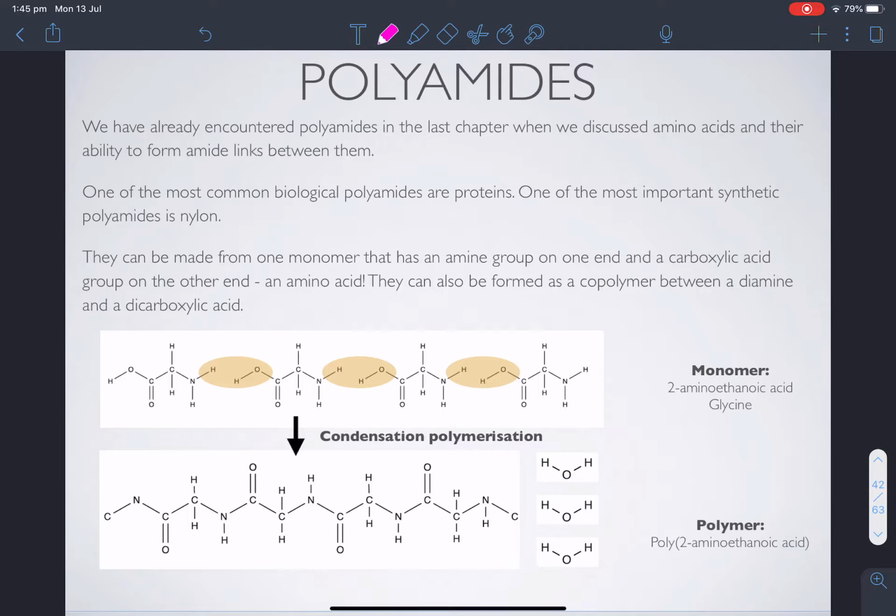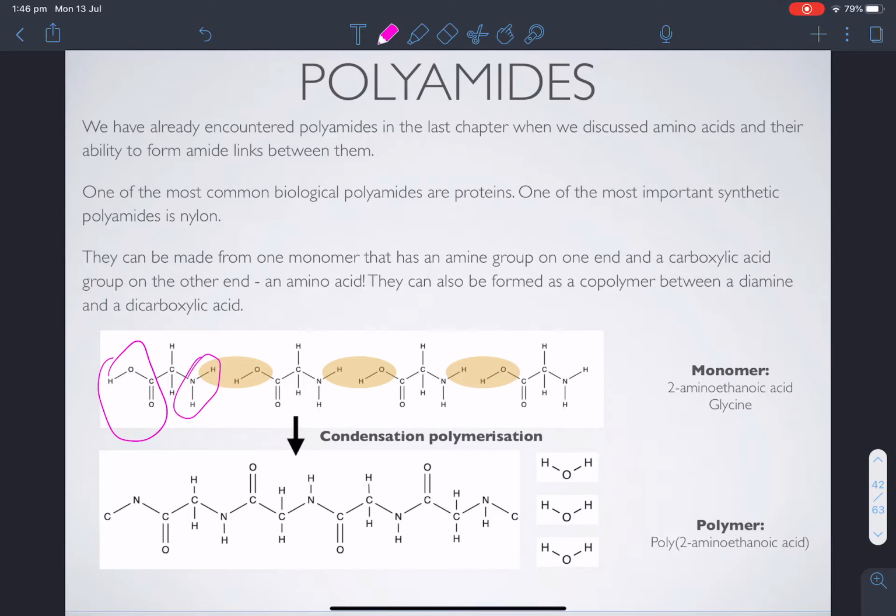So, amides are made by an amine and a carboxylic acid. So if we're making them from a monomer, it must be made from a single molecule that has a carboxylic acid on one end, and an amine on the other.